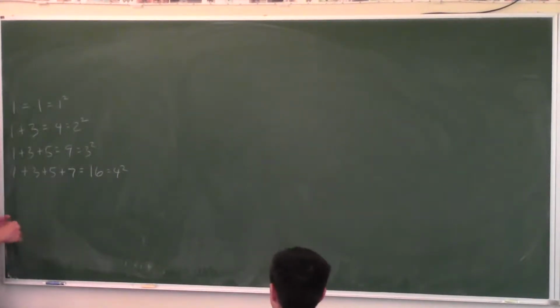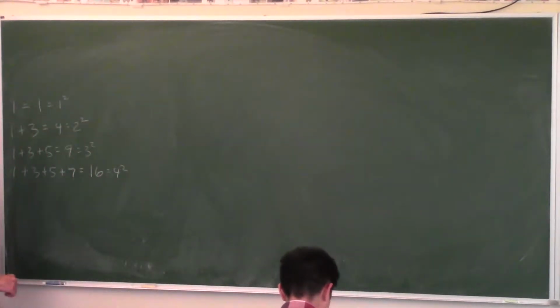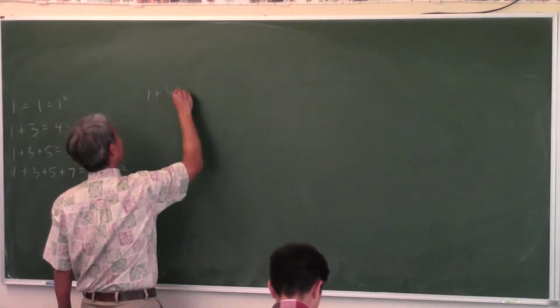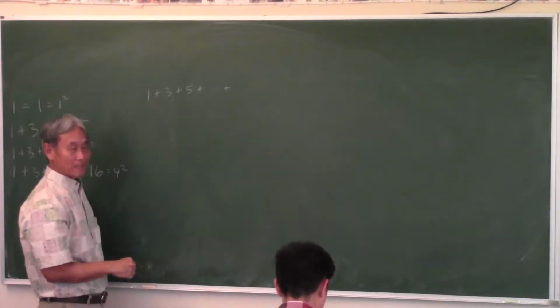So how do you prove that a statement works for all positive integers? You use proof by mathematical induction. This is what we want to prove: 1 plus 3 plus 5 plus dot dot dot. What would be the nth positive odd number?